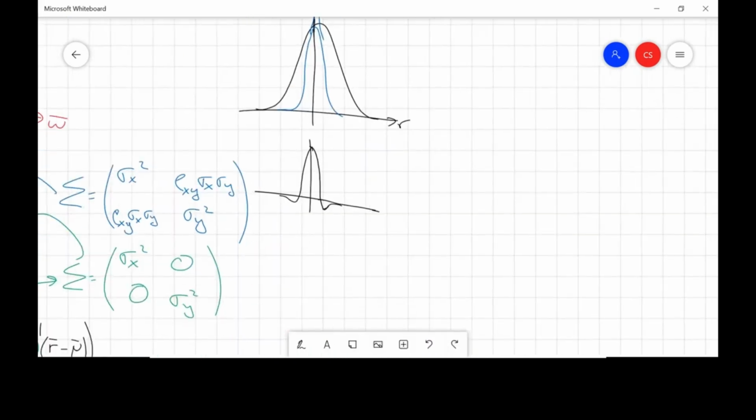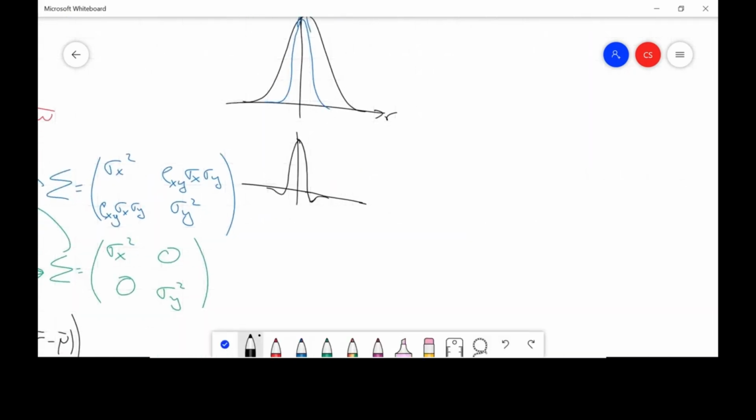When you have this kind of response, these areas here are called overshooting. So it doesn't overshoot here.